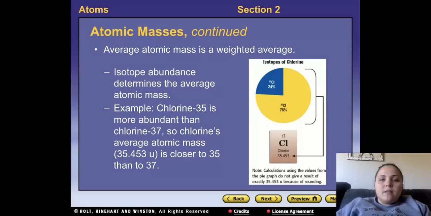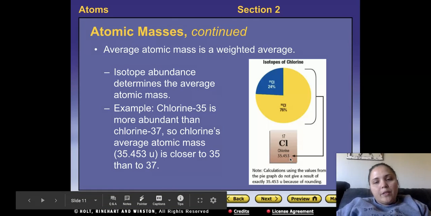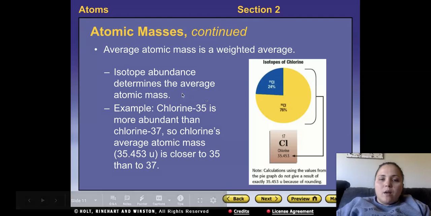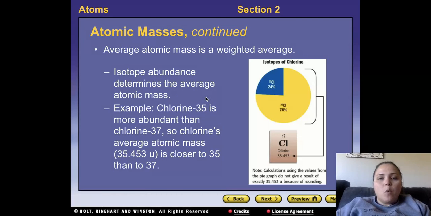Average atomic mass is a weighted average, and that's the number you see on the periodic table. It generally has a decimal, and that is because it's an average. Isotope abundance determines the average atomic mass. For example, chlorine 35 is 76% abundant, and chlorine 37 is only 24%.